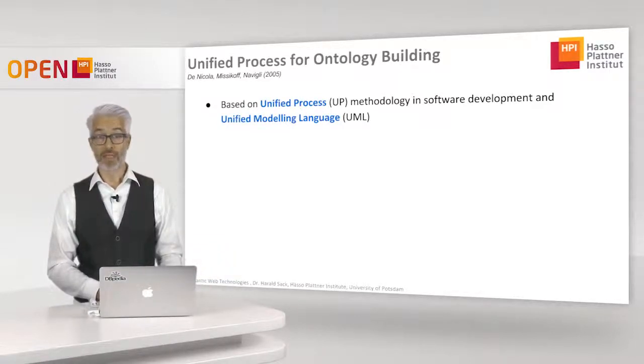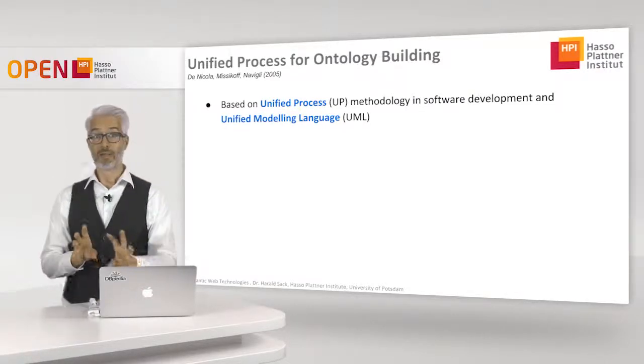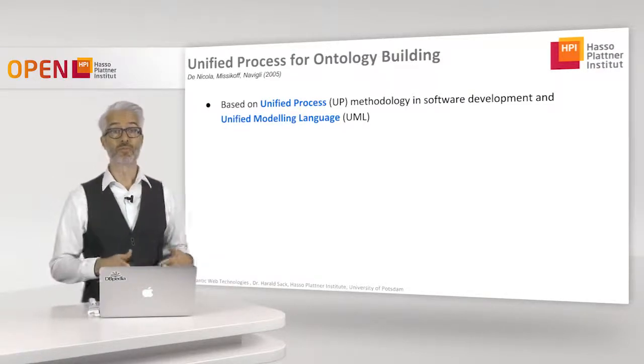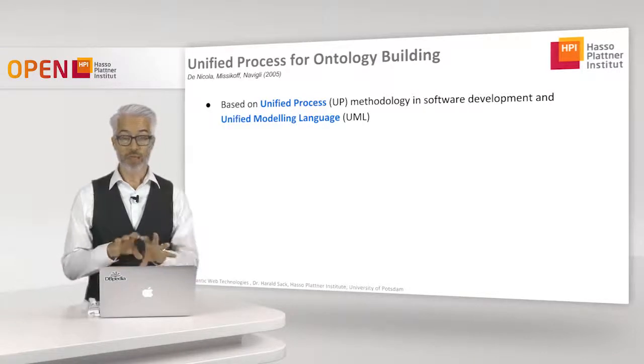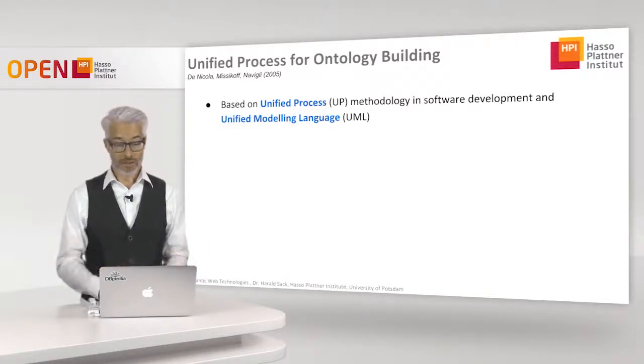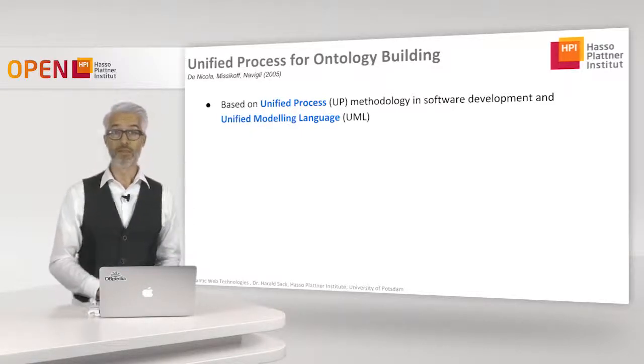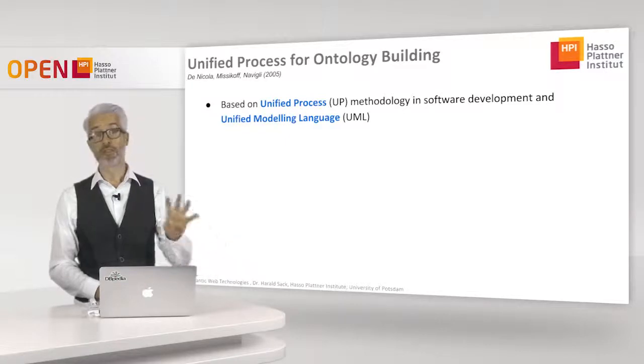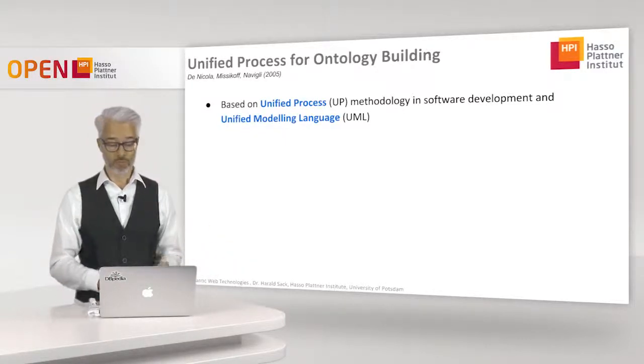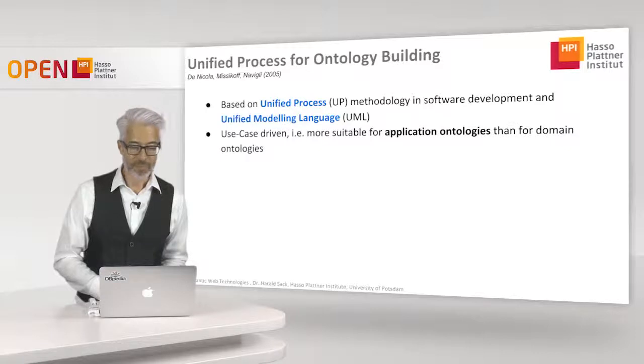Therefore, it's based on a methodology from software development called Unified Process. And what they use for representation here is, for example, the Unified Modeling Language, which of course is used in software engineering. So for software engineers, this kind of methodology should be rather familiar.